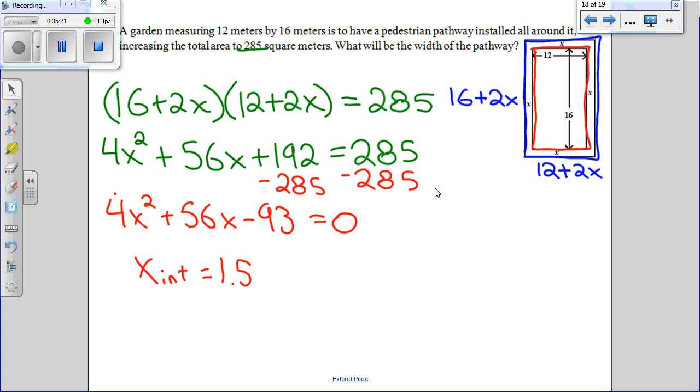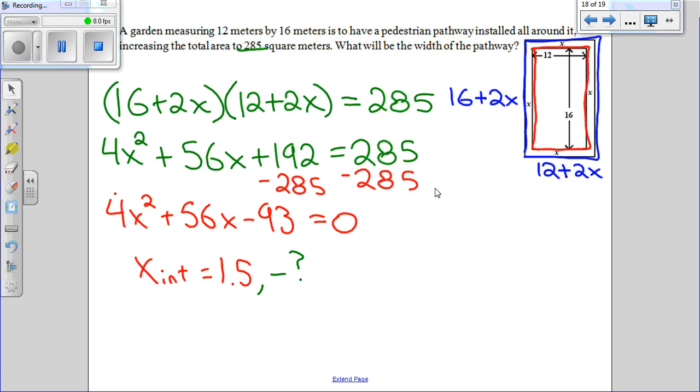You can't have negative increase, right? Negative increase wouldn't make sense for a pathway. So that's why we wouldn't have that negative answer included. It's why I also eliminated the negative side of my graph. Because you know you're not going to have a negative increase. So the width of the path all the way around would be 1.5.